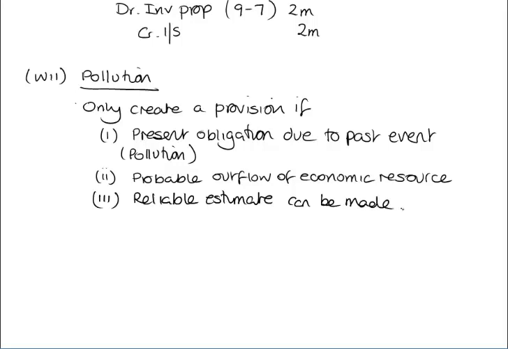So those are the three criteria we're looking at. So the fine is an obligation due to the pollution we've created. We've also got to pay compensation of 6 million because that's in relation to the past event, which is the pollution. The regulator has requested that certain changes be made to the manufacturing process.